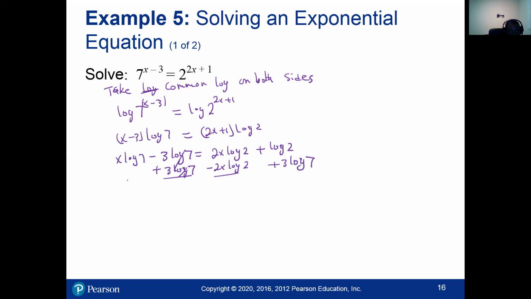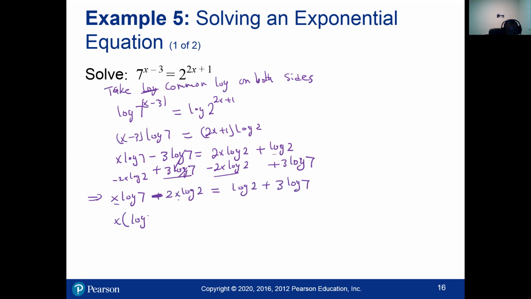So what we have there becomes x log 7 minus 2x log 2 is equal to log 2, which is already there, plus 3 log 7. Now factor x from the left hand side, common factor, so x is out.